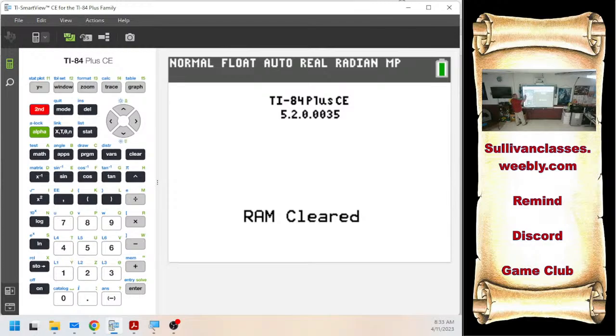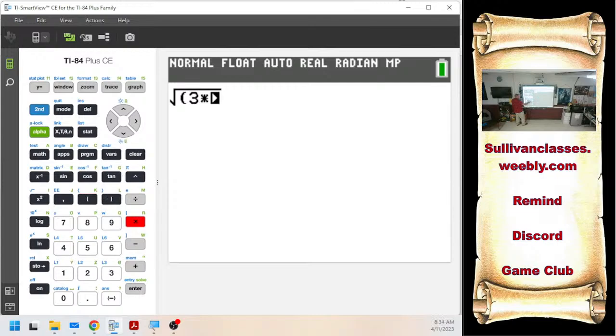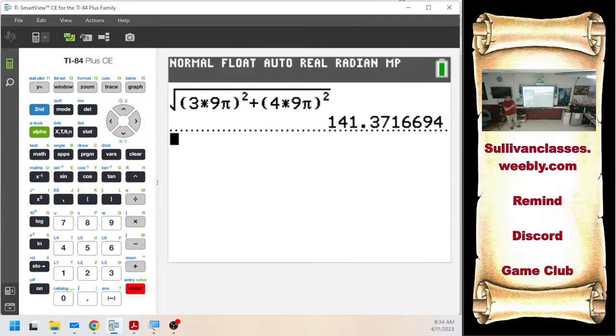This works for anything. If I do the square root of, watch this, say it's like 3 times 9 pi squared plus 4 times 9 pi squared. Okay? A squared plus b squared equals thing.